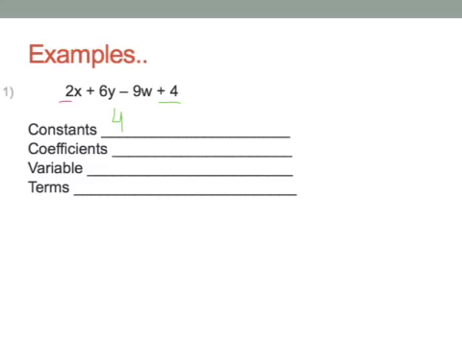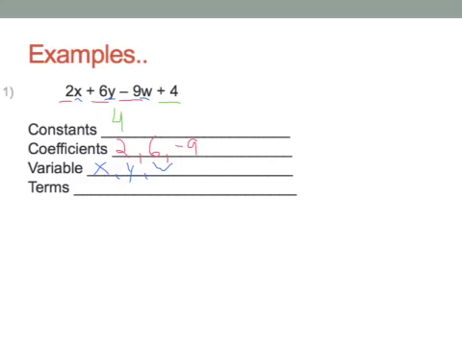So 2 is in front of x, 6 is in front of y, and since this is a 9, you have to look at the sign before it. Since this is a subtraction sign before the 9, that makes that coefficient -9. The variables are the letters, so that would be x, that would be y, and that would be w.